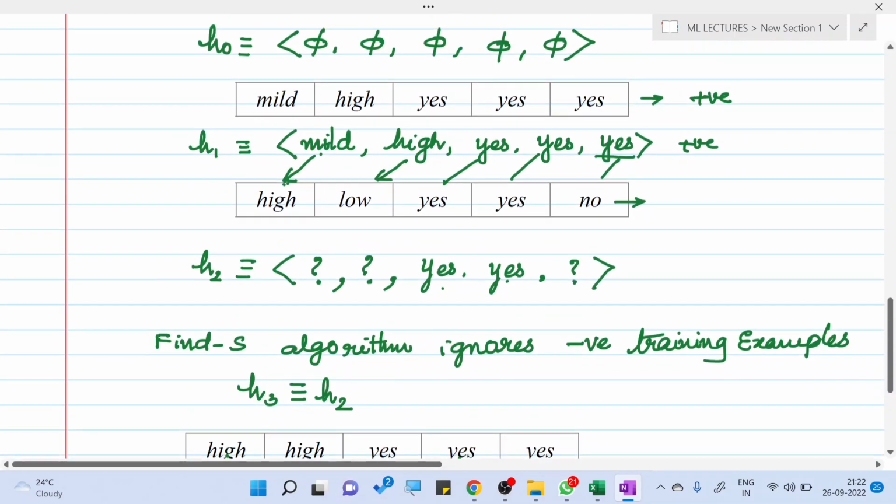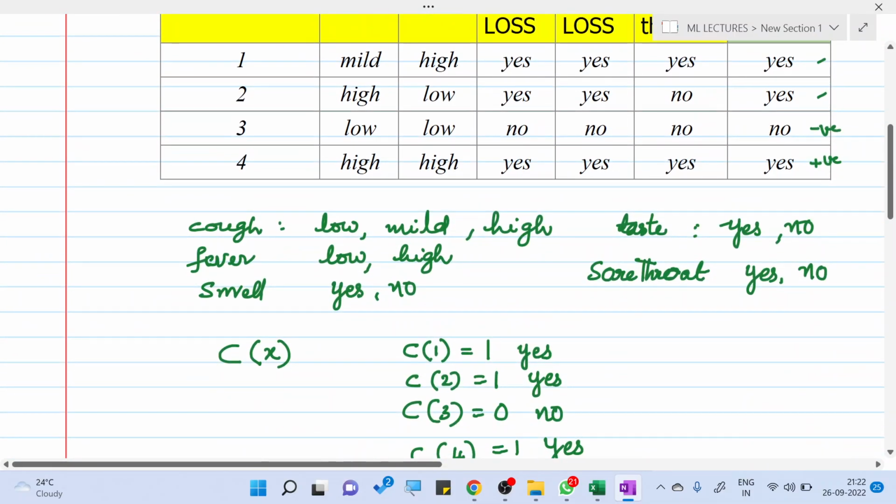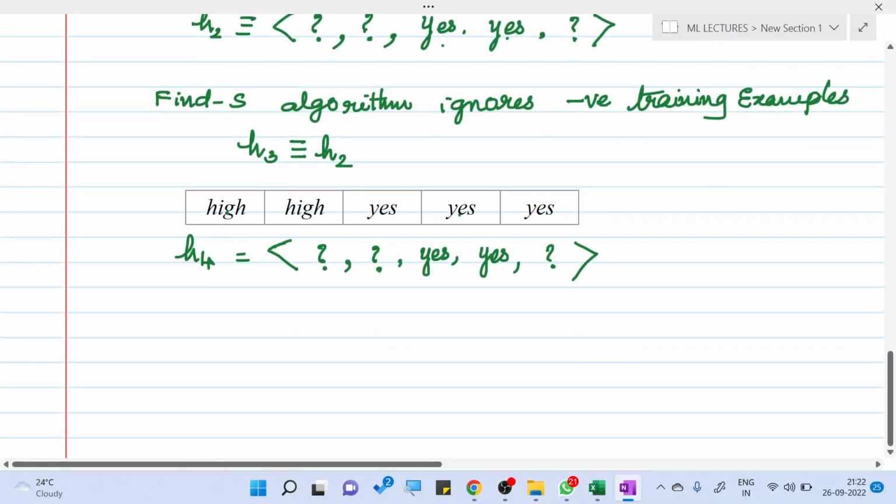So there are no more training examples to verify or to test. So what we say is, whether a person's cough is low or mild doesn't matter. Whether his fever is low or high doesn't matter. But if the taste loss is present and smell loss is present, whether sore throat is present or not, he will be tested COVID positive.